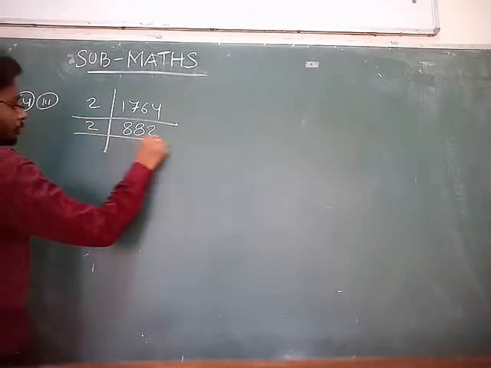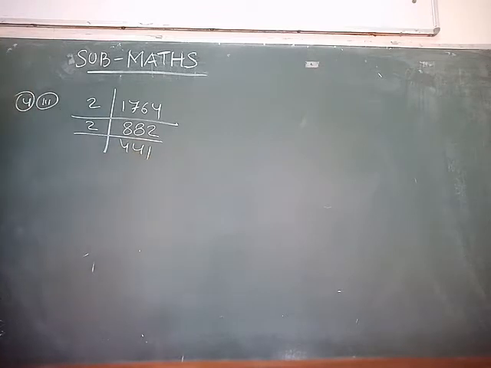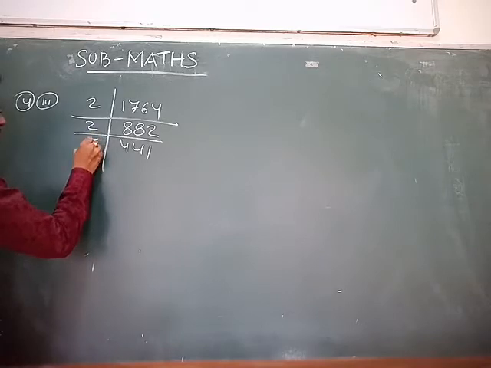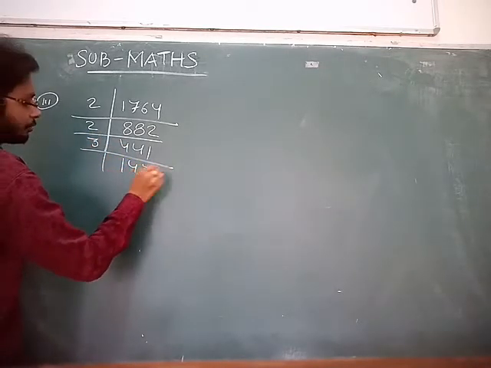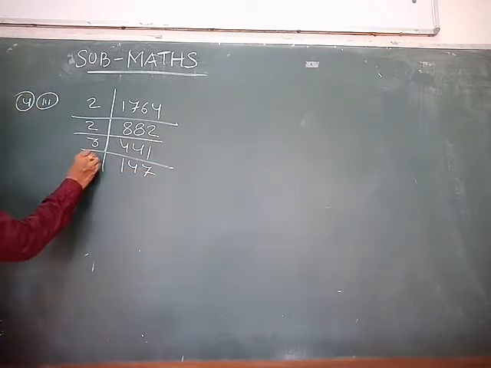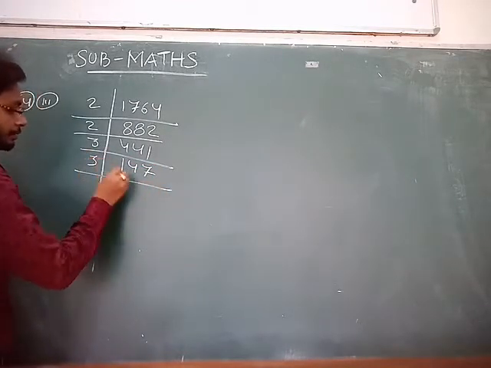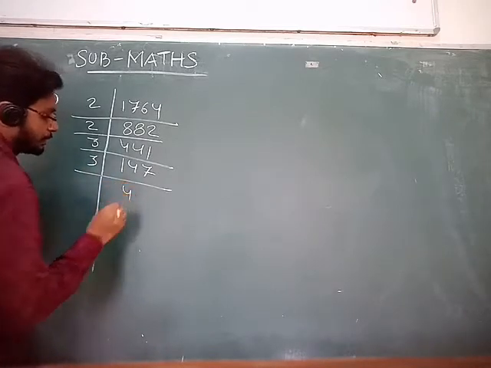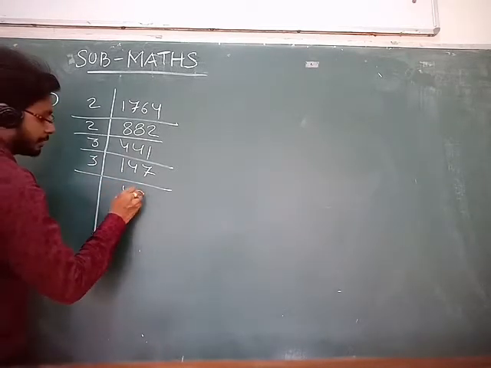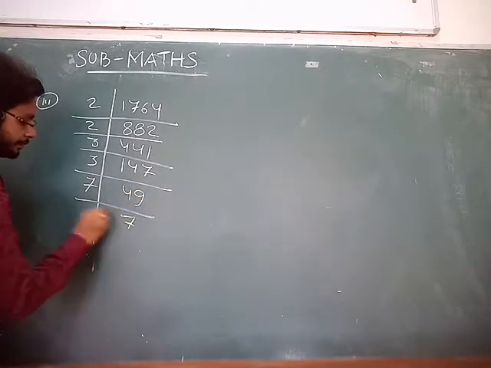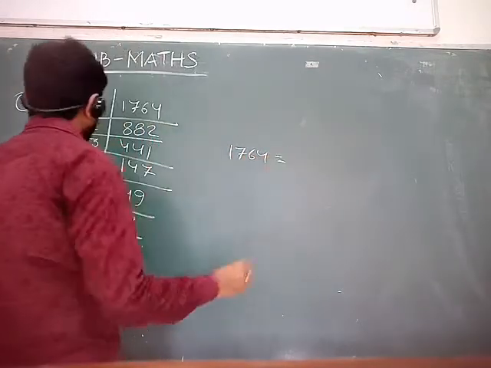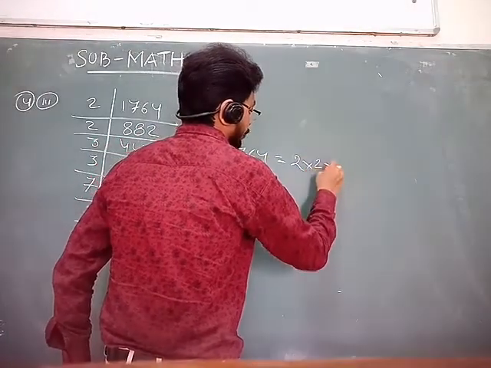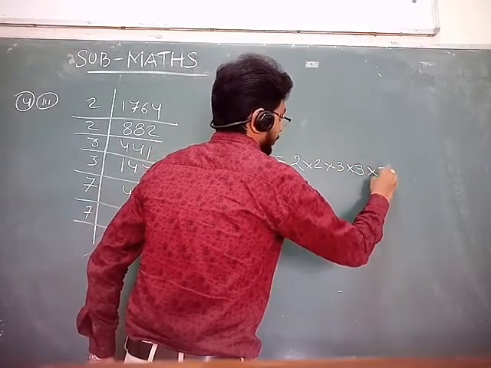Then again by 2, 2 4s are 8, 2 1s are 2. Then again by 3. What you will get? 3 1s are 3, 3 4s are 12, 3 7s are 21. Again by 3, you will get 3 4s are 12, 3 9s are 27, and then by 7. So you will write 1764 as 2 into 2, 3 into 3, and 7 into 7.